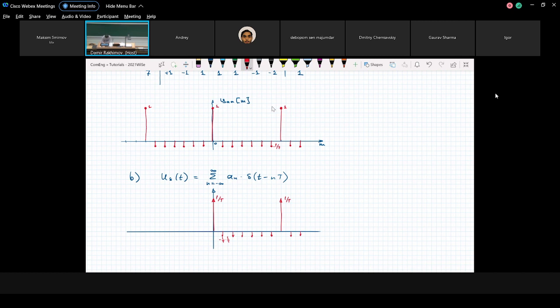Above, we have the spacing in terms of indices, 1, 2, 3, 5, 6, and so on and so forth. But now we have the spacing in terms of delay that equals capital T.